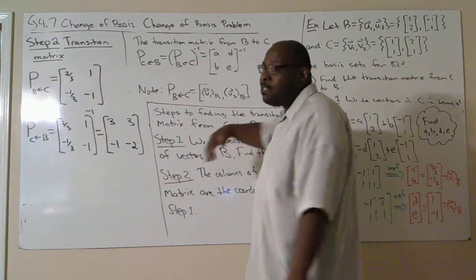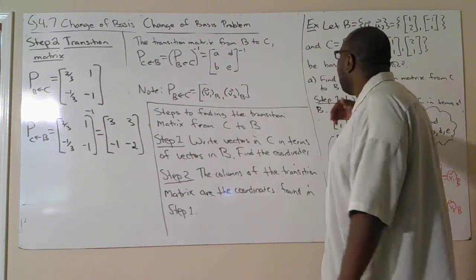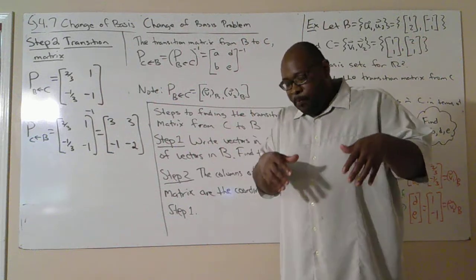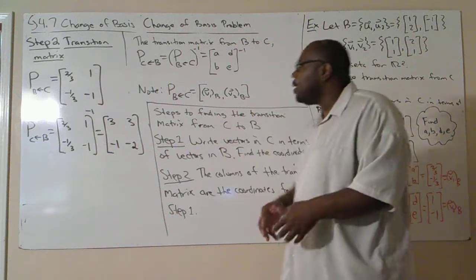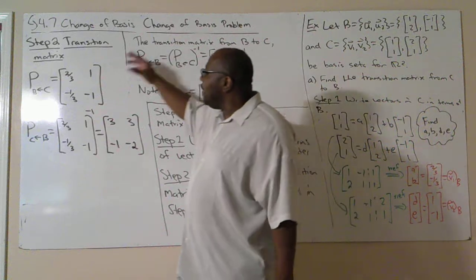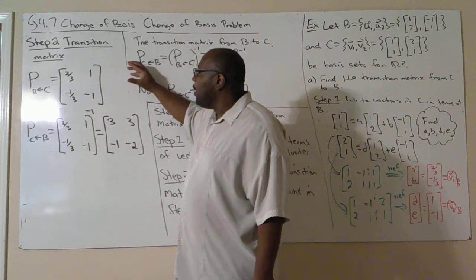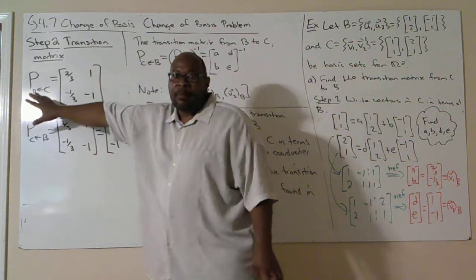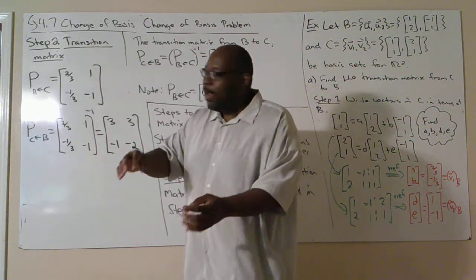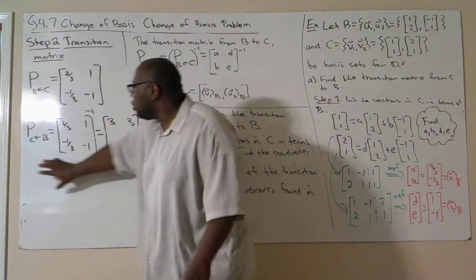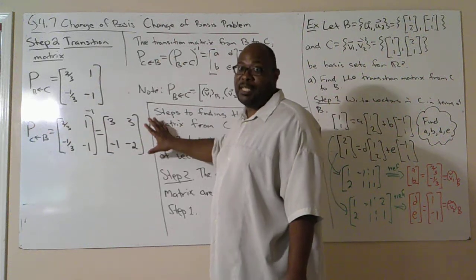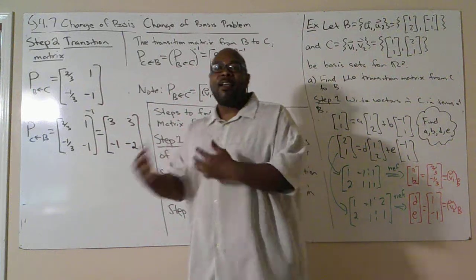So the coordinate system based on the vectors, the basis B, can now talk with the coordinate system based on the vector C, right? So if C said something in terms of coordinates, this will translate what C said to B. So if B says something in terms of coordinates, this matrix will translate what B said into terms of C, right? So I can talk back and forth between the two.